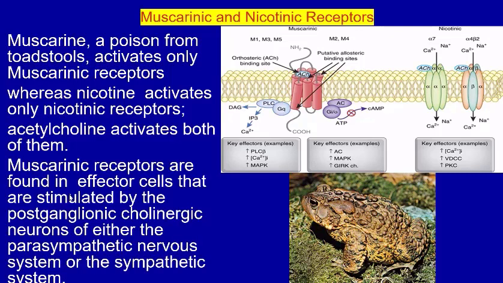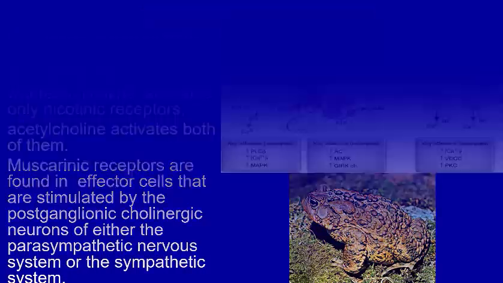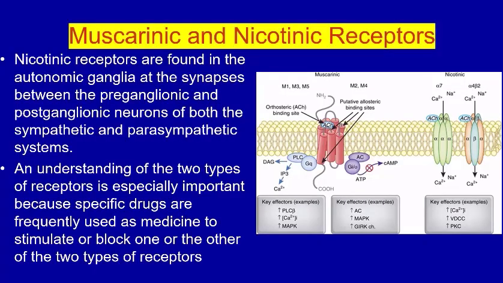Muscarinic receptors are found in effector cells that are stimulated by the postganglionic cholinergic neurons of either the parasympathetic nervous system or the sympathetic nervous system. So muscarinic receptors are activated both by the sympathetic and parasympathetic nervous system. Nicotinic receptors are found in autonomic ganglia at synapses between the preganglionic and postganglionic neuron of both the sympathetic and parasympathetic system.